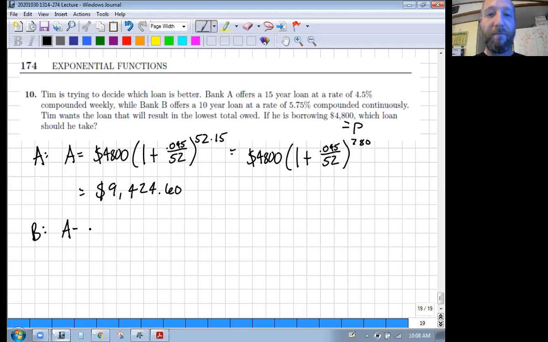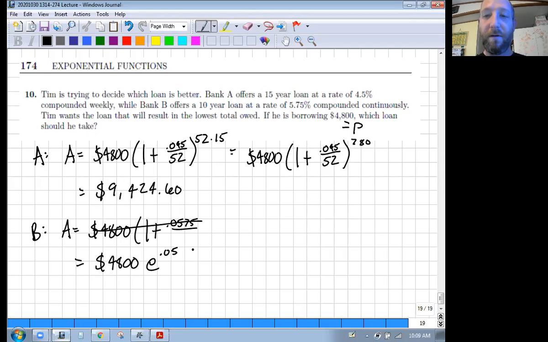Bank B, 4,800, an interest rate of 5.75, so 0.0575. Oh, it's compounded continuously. If it's continuous, I'll have to do this one: e to the rt, and the time is the 10-year loan.